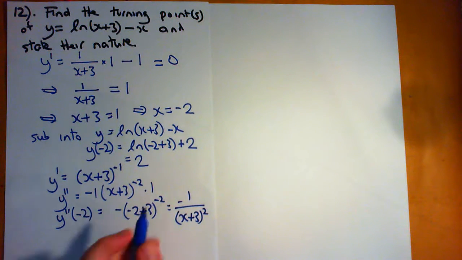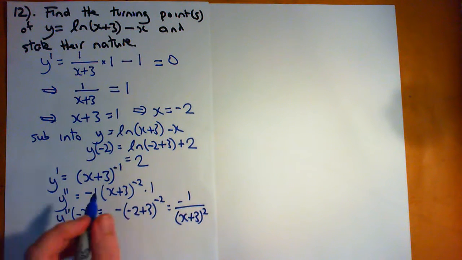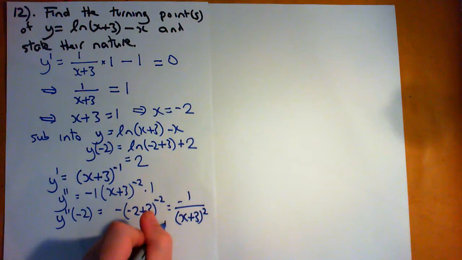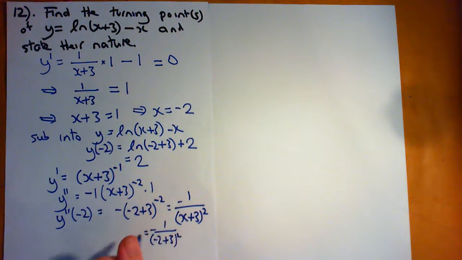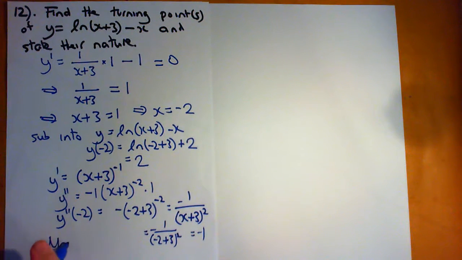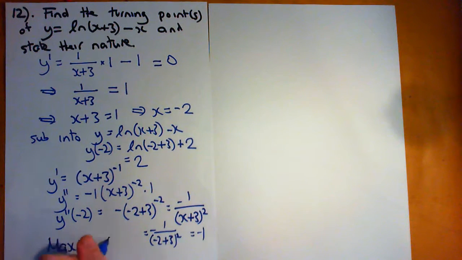So if we put in x equals negative 2, we've got minus 1 over (minus 2 plus 3) squared. What does that give us? 1 squared is 1, times negative 1, gives us negative 1. So therefore, the second derivative is negative, which means it turns out to be a maximum at the point where x was negative 2, y was 2.